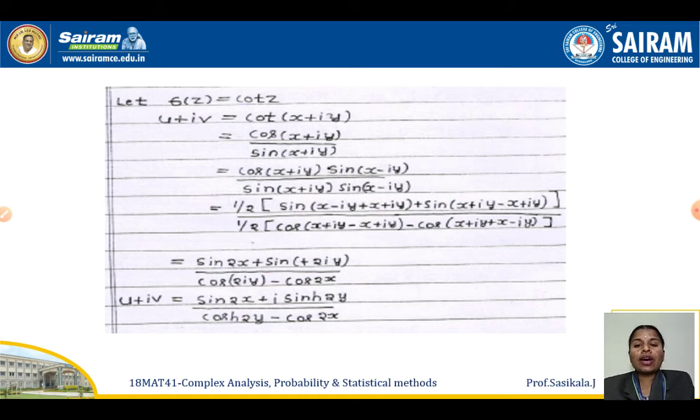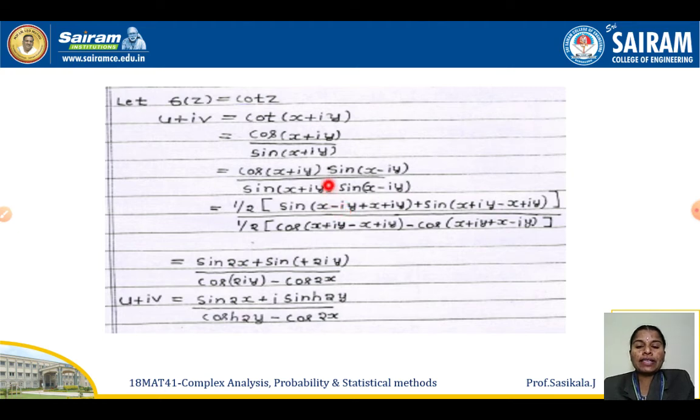So what is that? Cot, I can write as cos by sin. Here it is cos of x plus iy by sin of x plus iy. So you need to make it separately in u plus iv format.